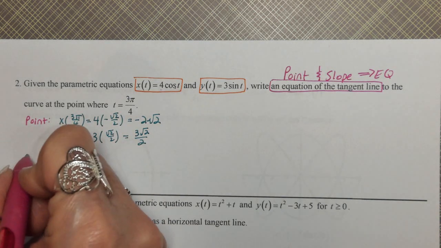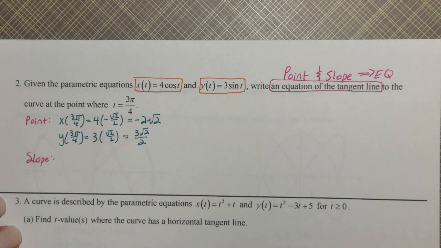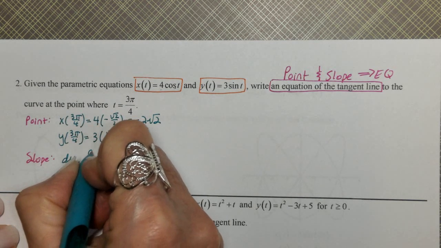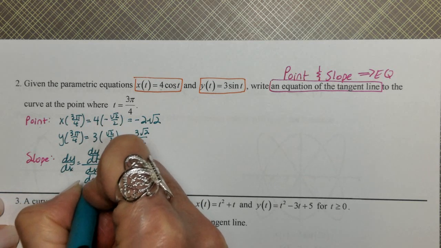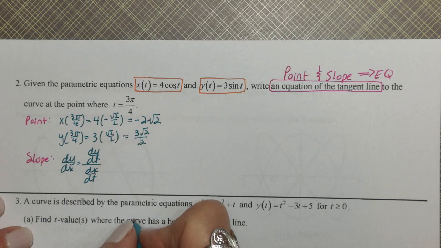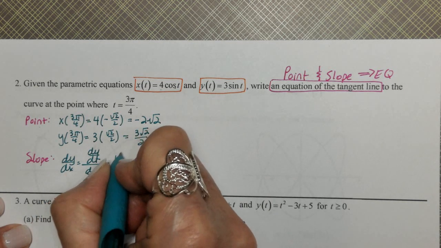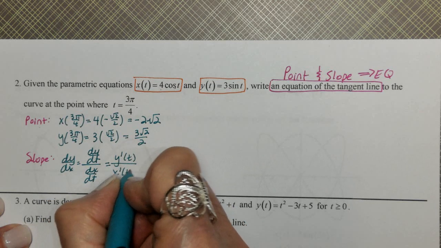Now it's time to do the slope. We got the x and the y coordinates of the point. For the slope, I know slope is dy dx. That is dy dt over dx dt. And by the way, for notation purposes, if you prefer, you can call dy dt y prime of t and dx dt x prime of t.